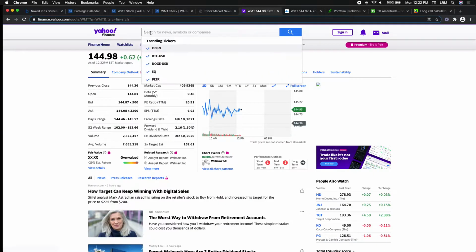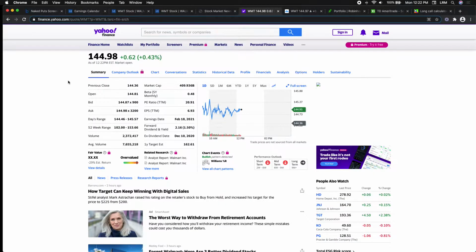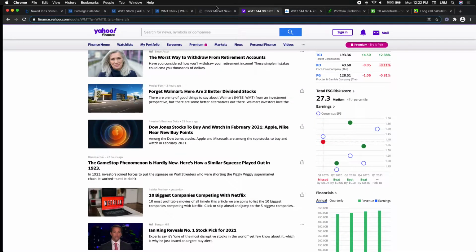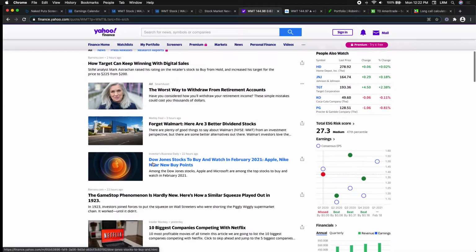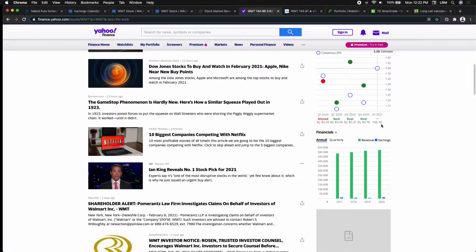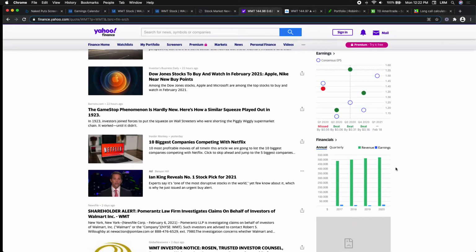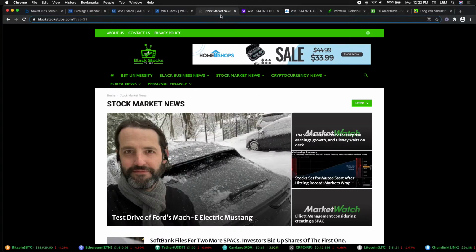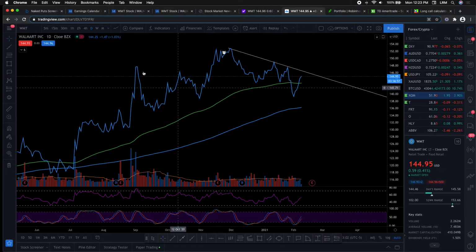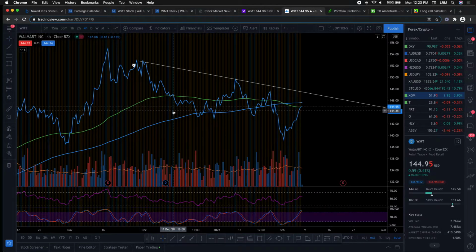Yeah, so you can use Yahoo Finance and all these other sites as well. Just use as much as you possibly can to gather all the news to see whether you think it's going to go up or down with the earnings call. So the earnings call is on February 18th.